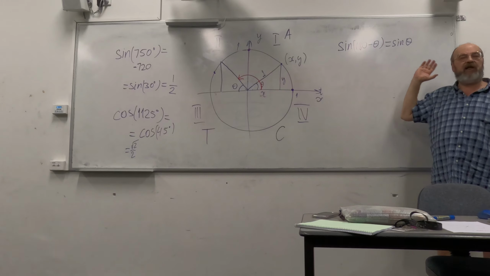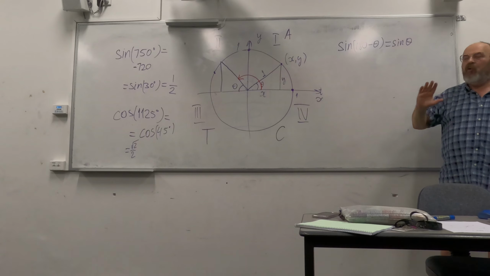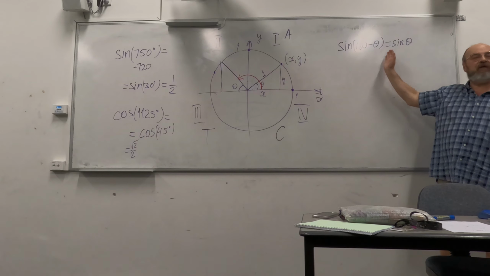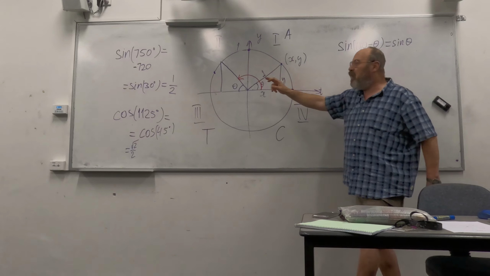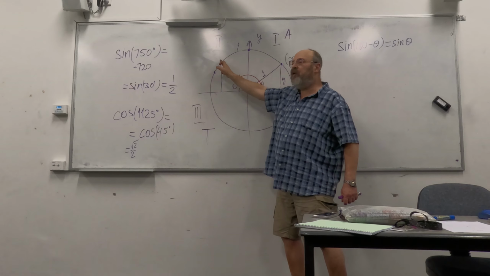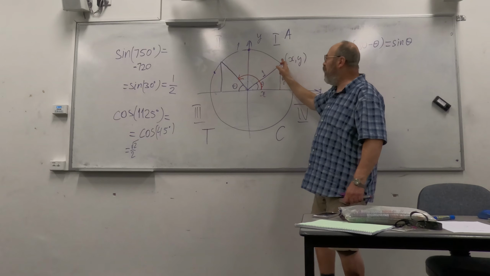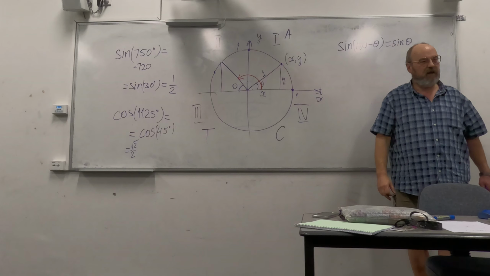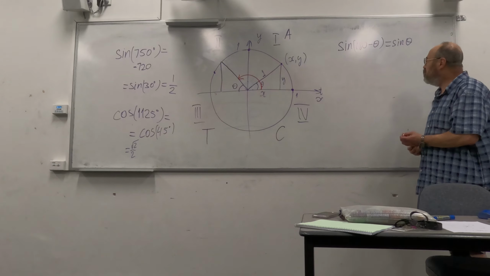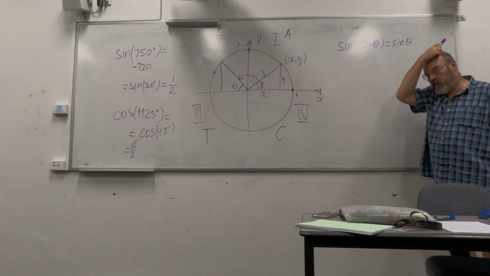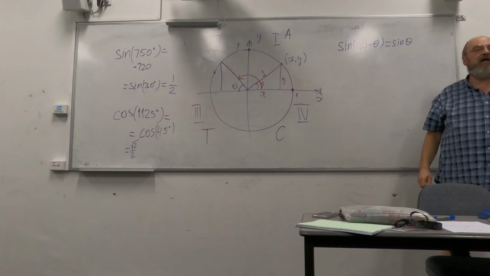Guys, this is the key to understand why sine 180 minus theta equals sine theta. Sine 180 minus theta is the y coordinate of this point, which equals the y coordinate of this point.